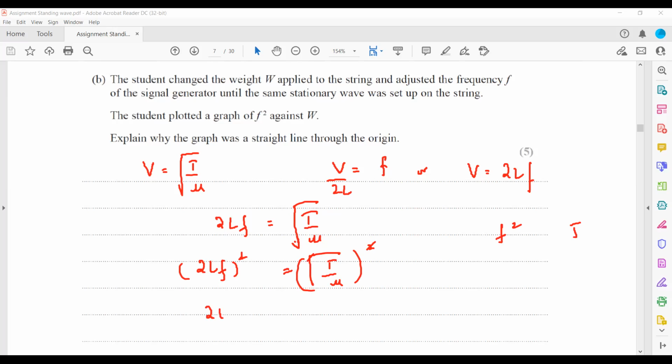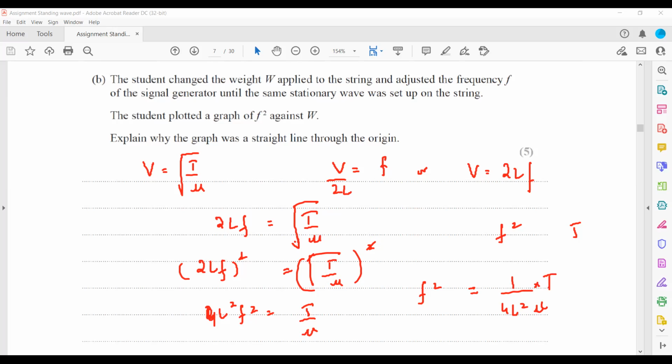This will be 4L square f square is equal to T divided by mu. And f square is equal to 1 divided by 4L square mu, into T.